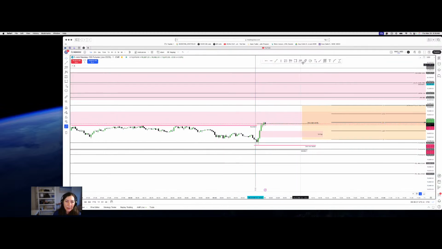So what are we looking for in the break and retest strategy? Well, it's very simple. We want to see price move up, come back down, retest this area, and then we would want to see a very strong rejection from this area. We want to see buyers step in and go long. That's what we'd be looking for.